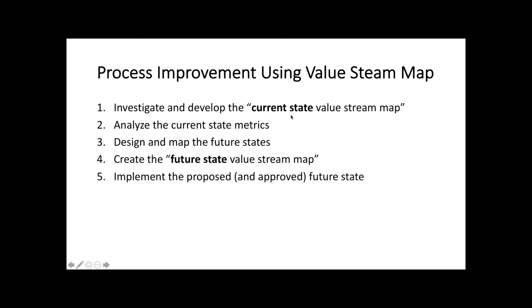It helps you to look at the current state, find the potential causes for the problems that you see. And then as you try to design the future state, you are trying to get rid of those causes. You are trying to address those causes of the problem.